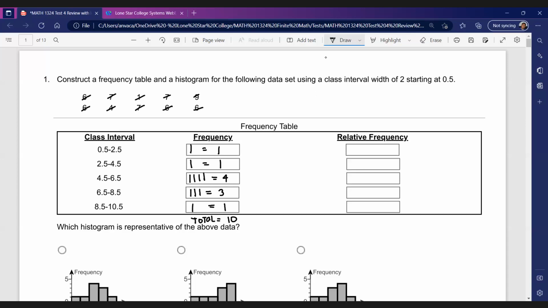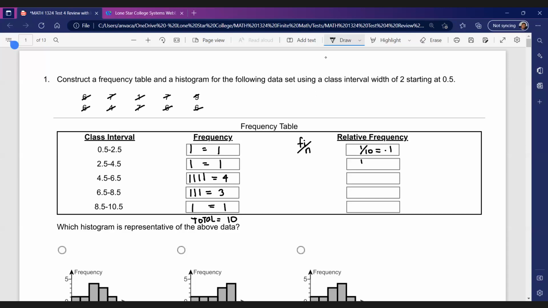So what is the relative frequency? The relative frequency is given by dividing the frequency by the total number of data items. In this case, there's only 1 out of 10, so that is 0.1. So the relative frequency for a score in this interval is 0.1.